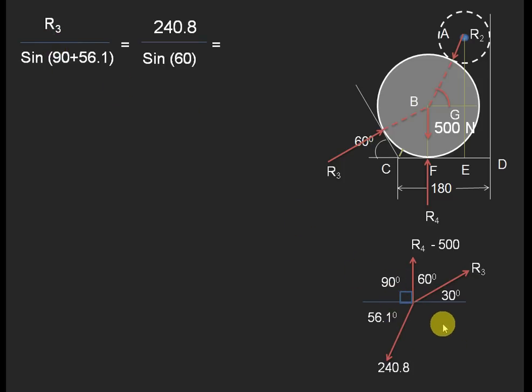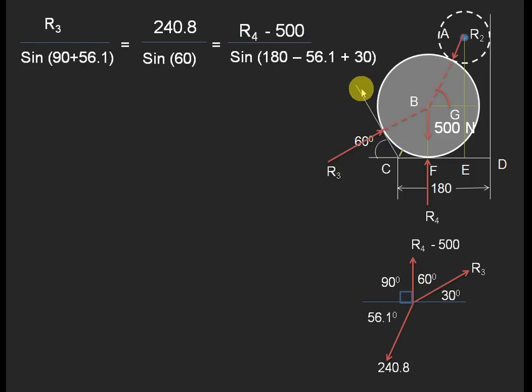Similarly, 240.8, that is R2, by the sine of the opposite angle, which is 60. And similarly, R4 minus 500 by the sine of the opposite angle, which is sine of 180 minus 56.1 plus 30. Why? Because this total angle is 180. So 180 minus 56.1 and plus 30 degrees.